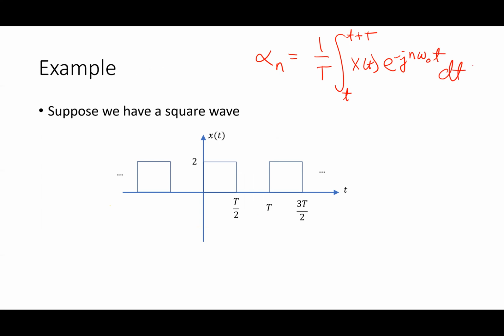I want to figure out the alpha n values from this. So what's my first step? How do I approach this now? Where do I start?